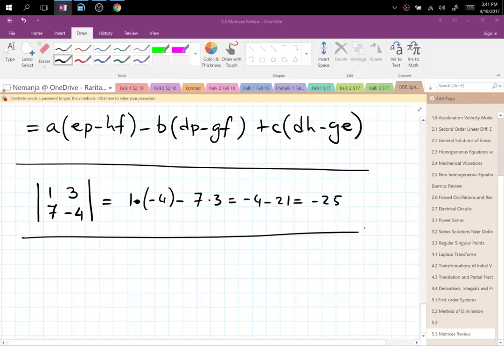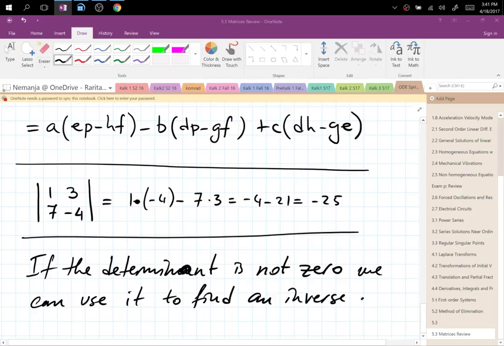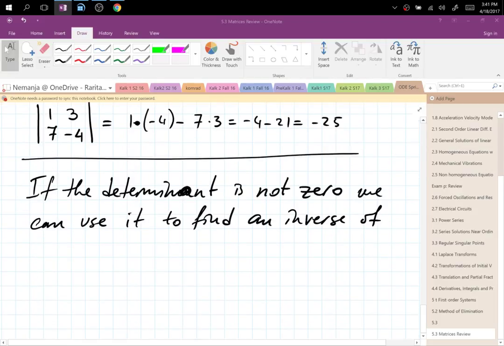So if the determinant is not 0, we can use it to find an inverse of a matrix.